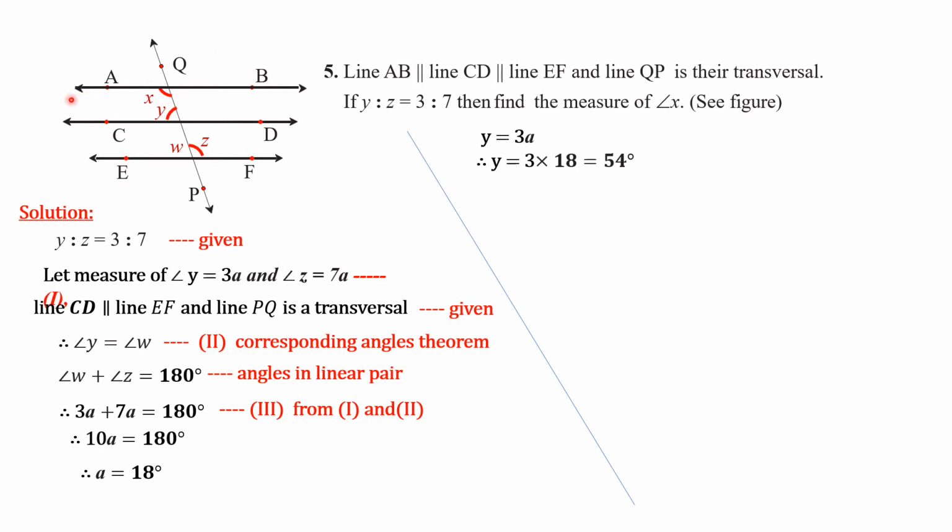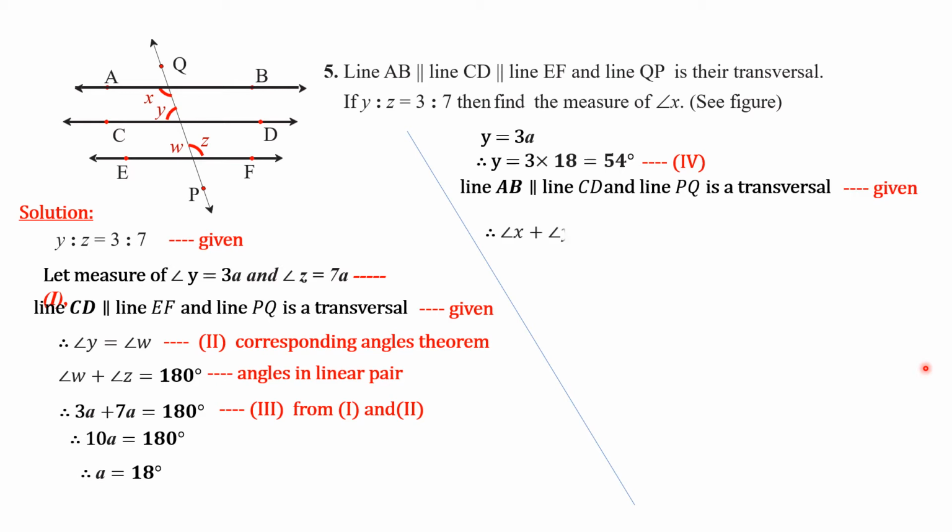Now we take line AB parallel CD and PQ is a transversal. This is statement number 4. Write down line AB parallel line CD and line PQ is a transversal. Given. Therefore angle X plus angle Y is equal to 180. Write down the reason.